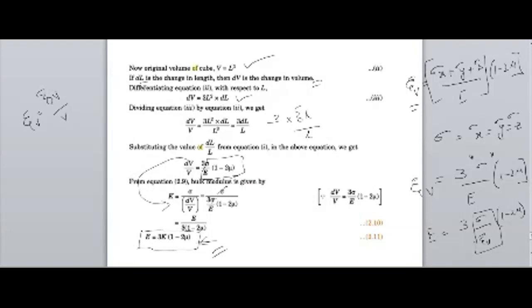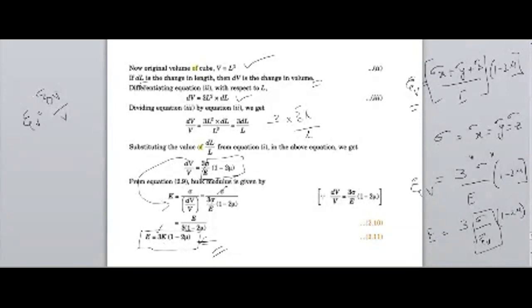So if you see here, it is three-dimensional, so we are getting a 3 in front of K. How to remember this equation?